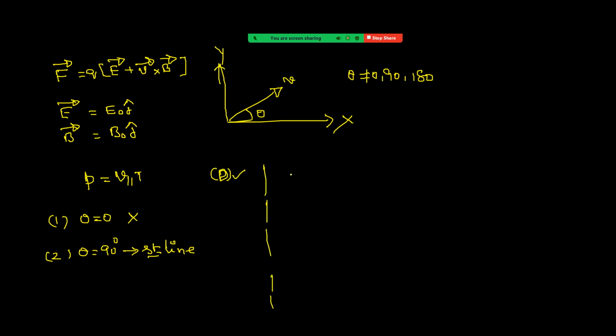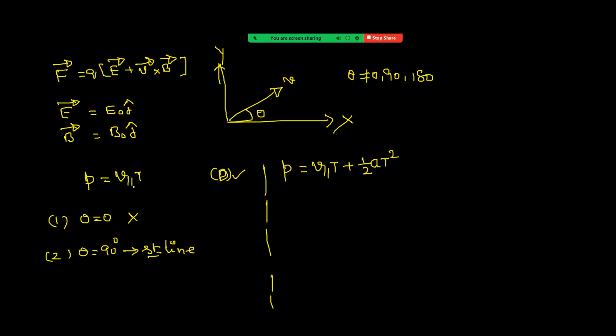Option C. While calculating pitch, we have to focus on V parallel into T plus half A T square. When we are taking only the magnetic field, there is no acceleration along the magnetic field direction.